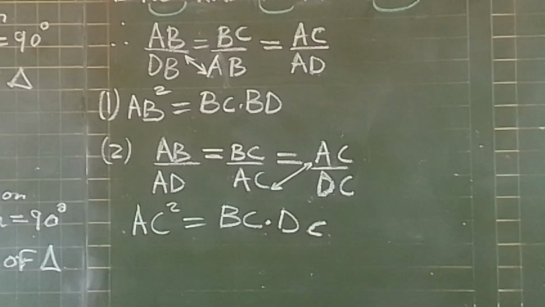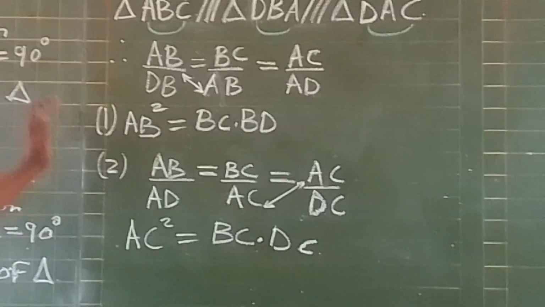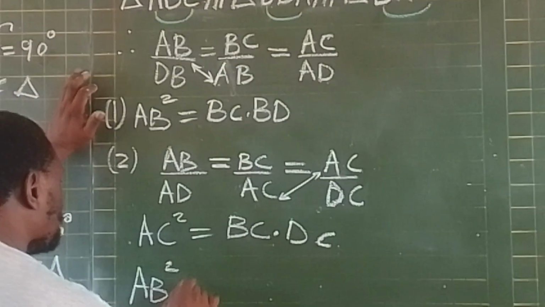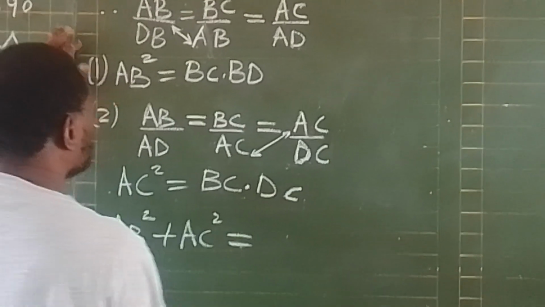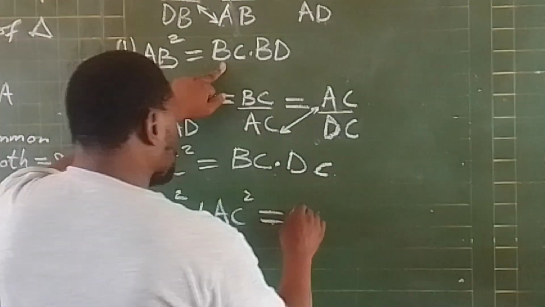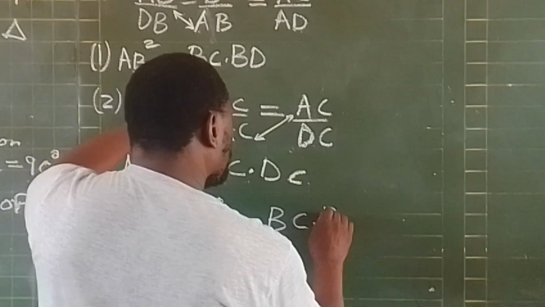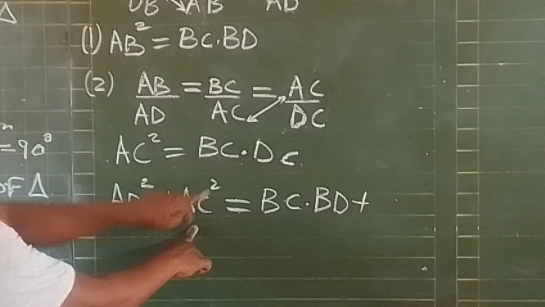You see now. Therefore, because these are equal, you can say AB squared plus AC squared is equals to, what is your AB? It is BC times BD plus, what is your AC?